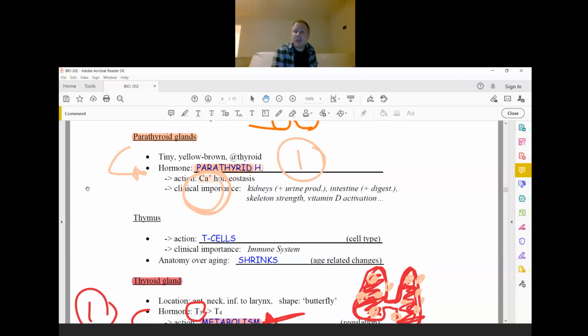So, for example, in the function of kidneys, urine, intestines, digestion, skeleton, vitamin D activation. There are a lot of places where we keep seeing, when we look at the physiology of various processes, that calcium is involved.